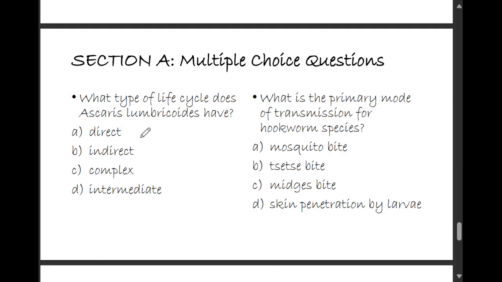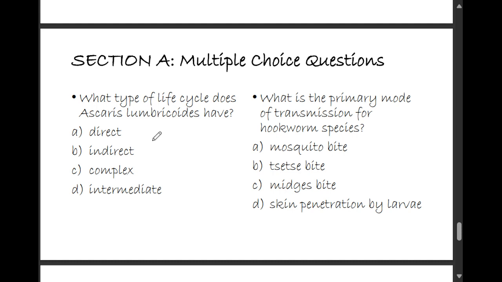So the first question reads... I want you to see that what we just covered, the chances of you being assessed on it are there. Question one says, what type of life cycle does Ascaris lumbricoides have?